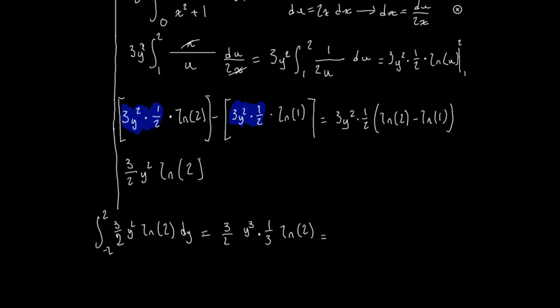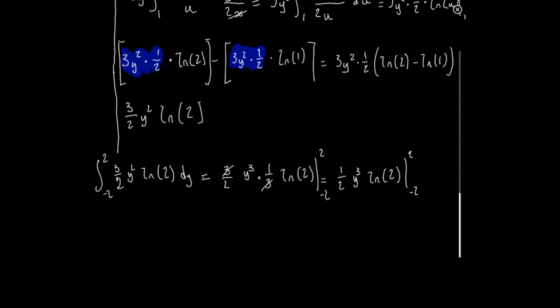Okay, so from that our 3's cancel out, and we end up with 1/2 y cubed times ln of 2. Oh, and don't forget that this goes from -2 to 2. Okay, so let's substitute in 2 and -2 like we did before.